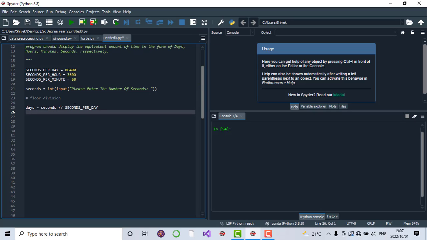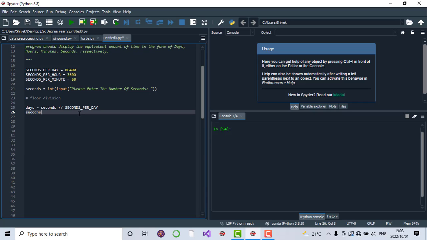Okay, floor division will always return a whole number. It will round off the value, basically it rounds down, right, to the nearest lowest whole number. That's what floor division does. So let's do this. Days is equals to seconds, floor divide seconds per day.